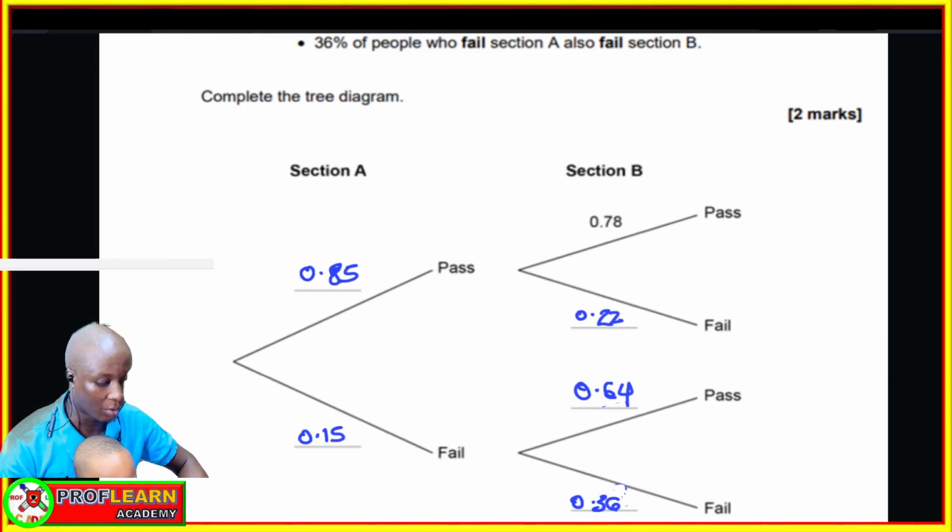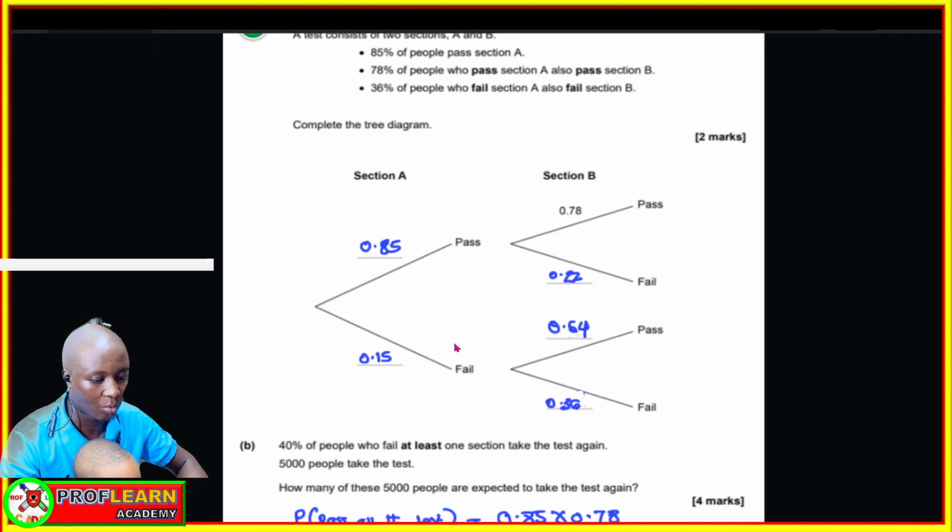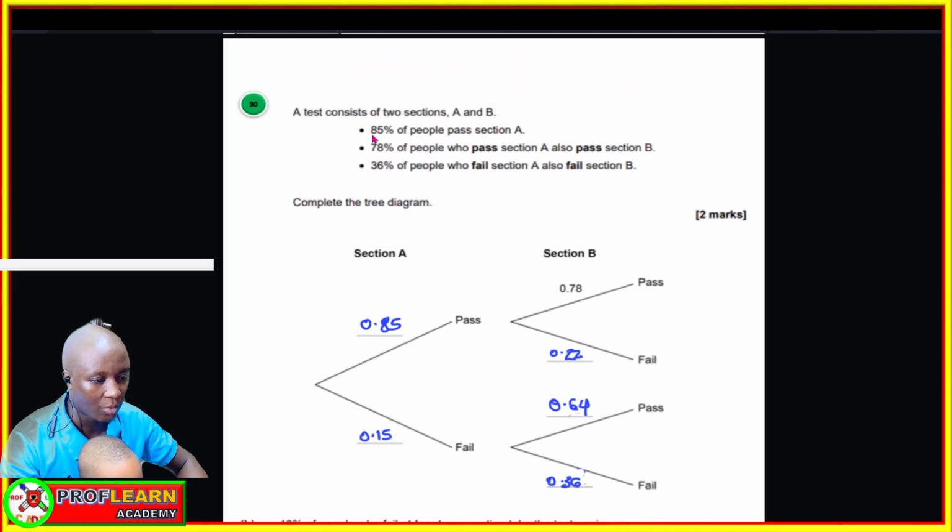So probability is also an area that is very, very key, that you may be expected to answer a question. And you can see here we were told that a test consists of section A and B. We have section A and section B. 85% of the people pass section A, so if 85% pass, those who fail will be 15%. And 0.78 of the people who pass section A pass section B. So meaning if you pass 0.78, what's remaining? 1 minus 0.78, you get 0.22.